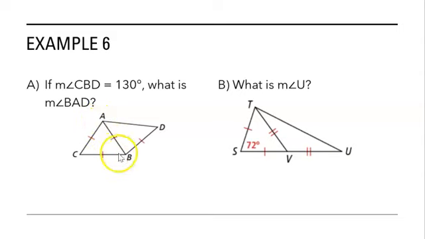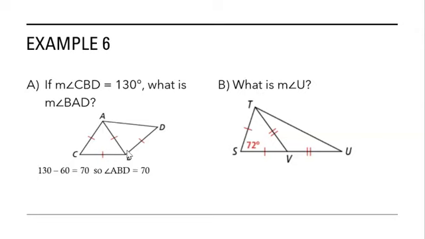That means all three angles are congruent, and that means they're also going to be 60 degrees. So I know that this angle is 60 degrees. So all I need to do is subtract to find the measure of the angle that's right here. Now I know that's not the angle we want, but it will get us closer to what we need. I did 130 minus 60 to get 70.